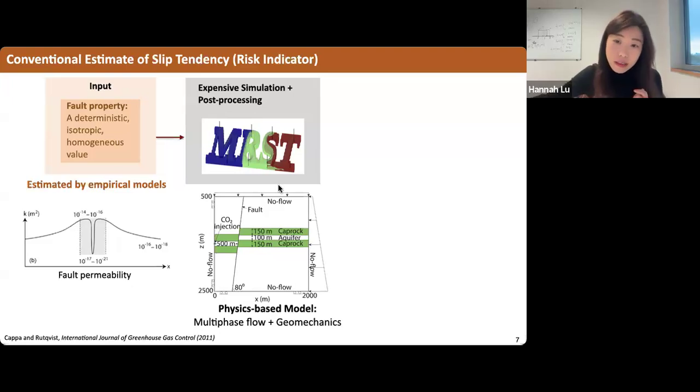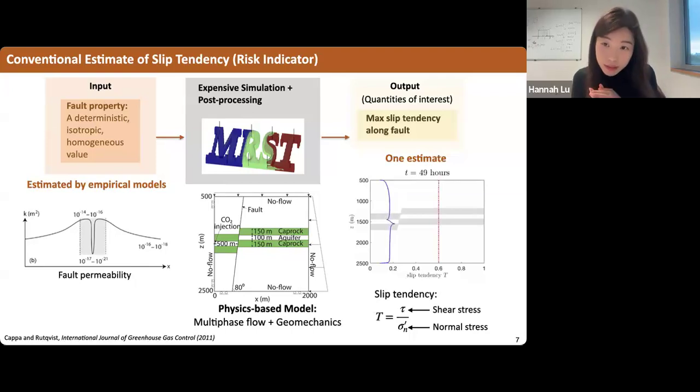In this case, it is multi-phase flow coupled with geomechanics, derived from conservation of mass and balance of linear momentum. Here, I'm showing an example of a reservoir model with faults. The storage aquifer is confined by two layers of low permeability cap rock. This multi-layer system is intersected by a pre-existing normal fault. And the CO2 injection is happening here.